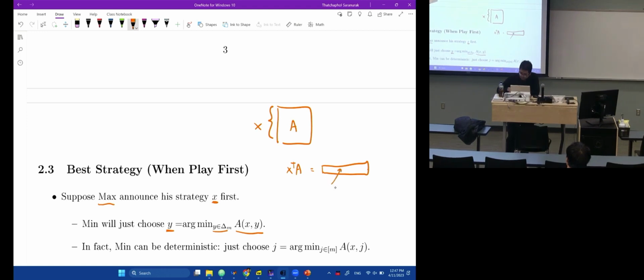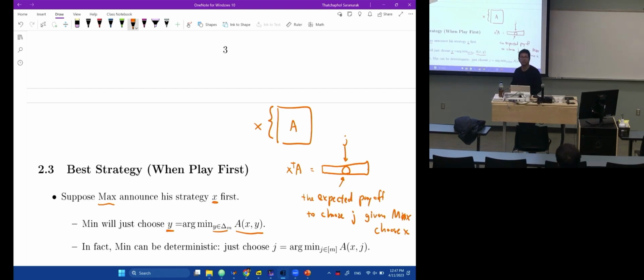So if you look at the entry j here, what does it look like? This is just the expected payoff to choose j given that Max chooses X.